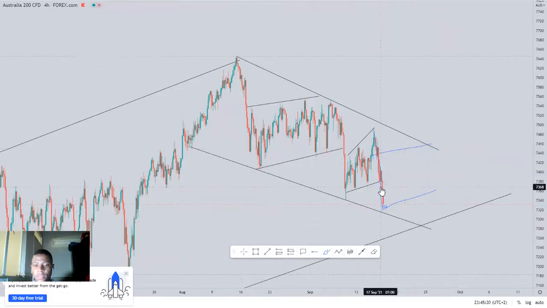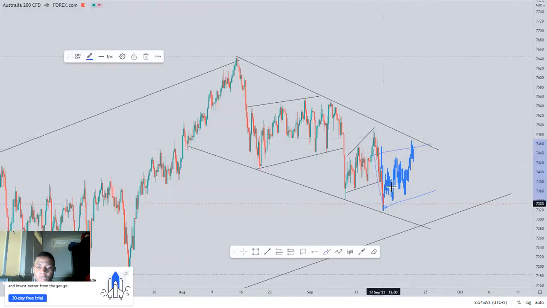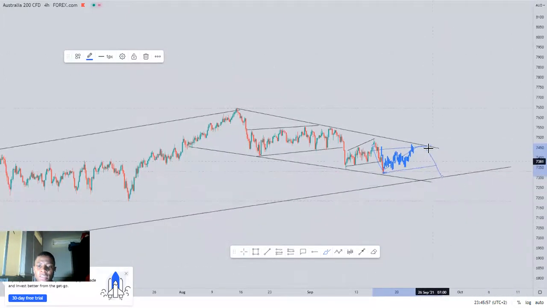I should copy the most recent correction, which will make more sense. So if it moves correctively, we're anticipating something like so: impulse move, correction, and then another impulse move to further complete and let that overall rising wedge on the daily play out.